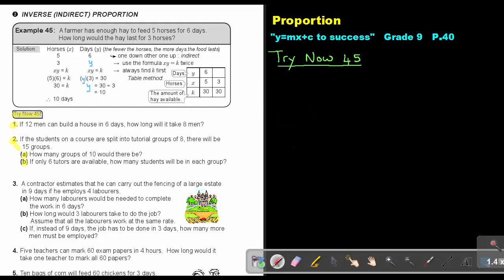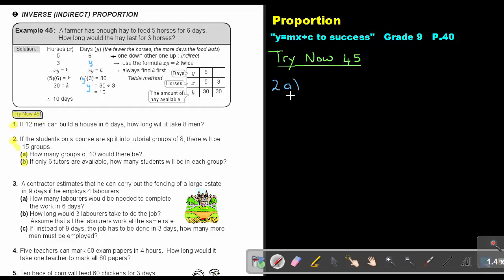Okay, let's just make space for number 2. Let's start with number 2A. If the students on a course are split into tutorial groups of 8, there will be 15 groups.